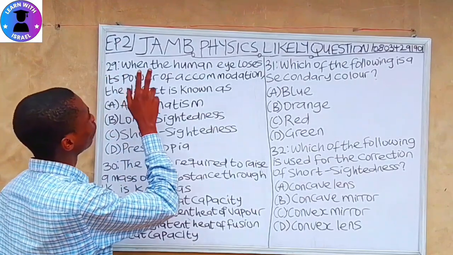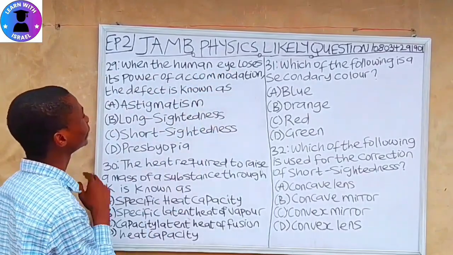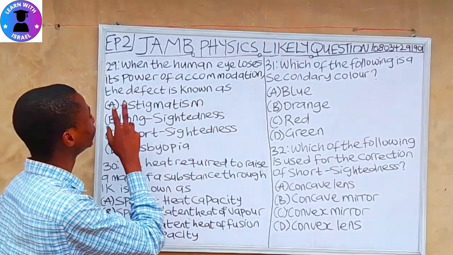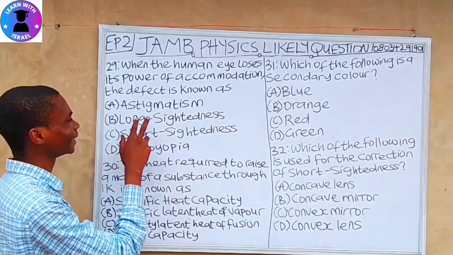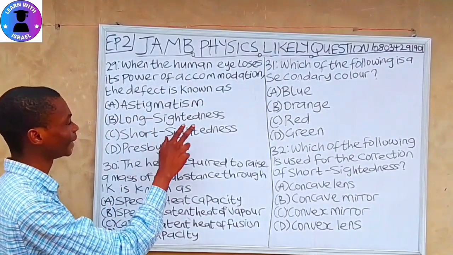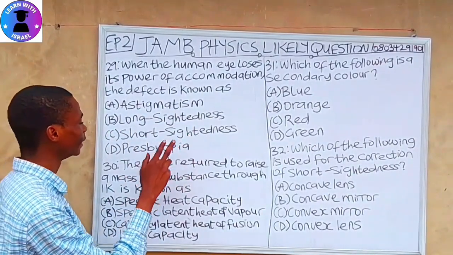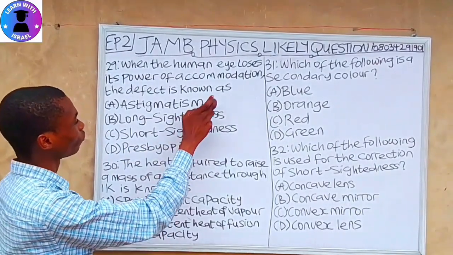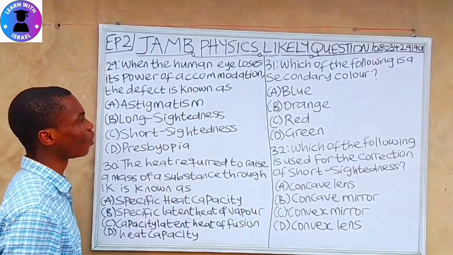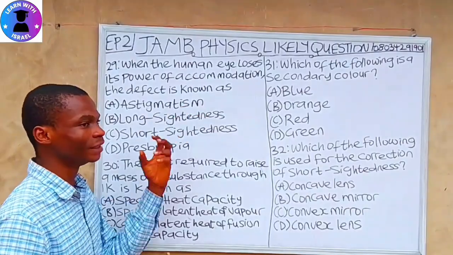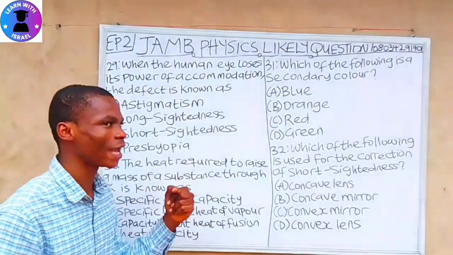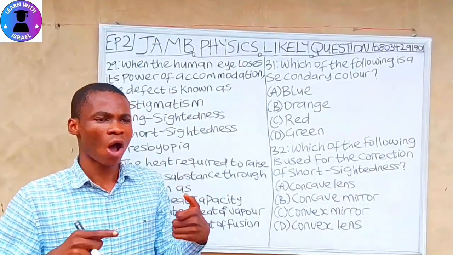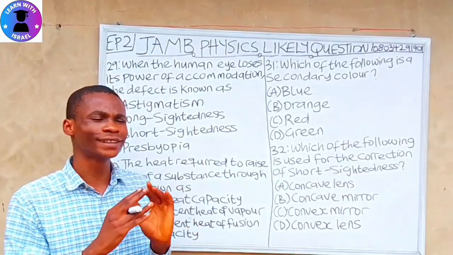Question 29. When the human eye loses its power of accommodation, the defect is known as A. Astigmatism, B. Long-sightedness, C. Short-sightedness, D. Presbyopia. So let's start from astigmatism. Astigmatism is a defect of the eye in which the person will not be able to see clearly.